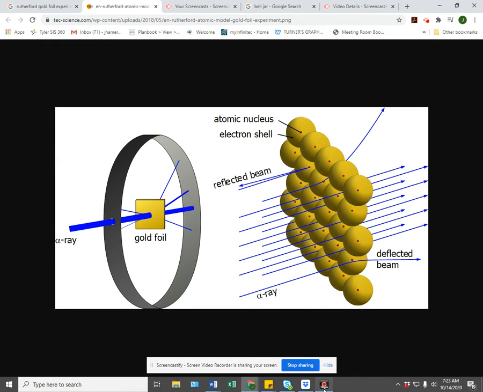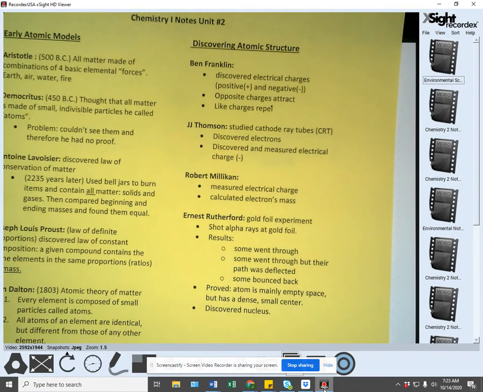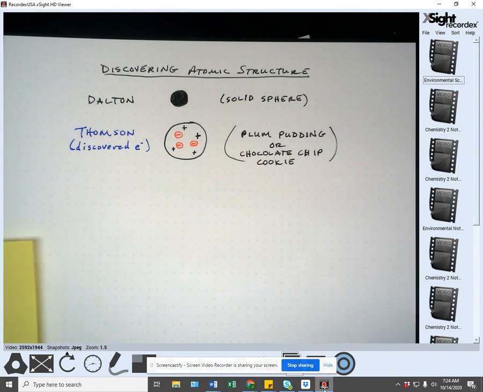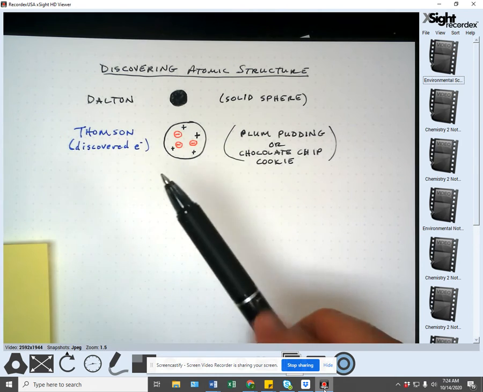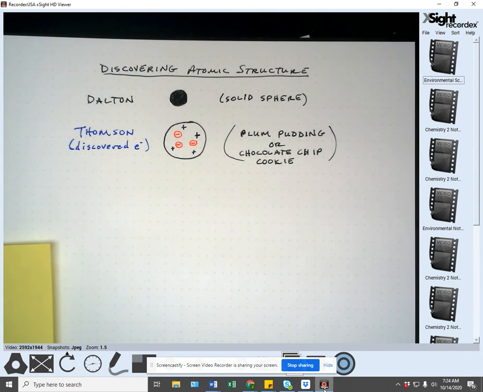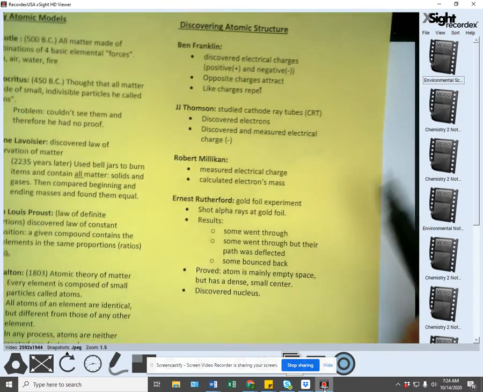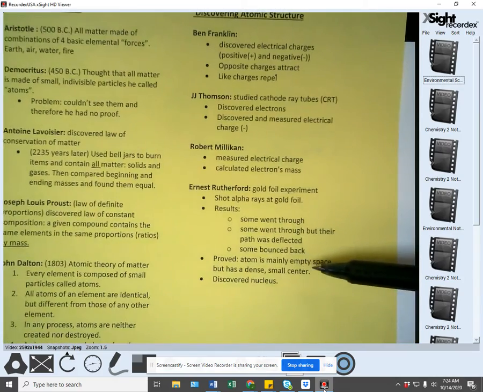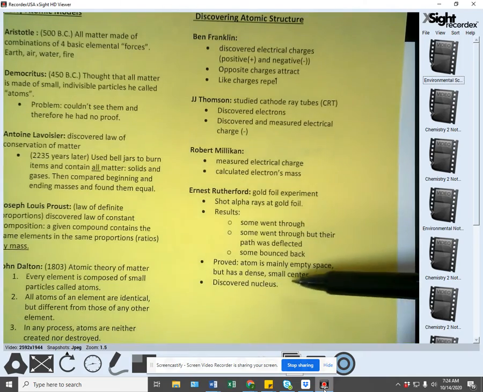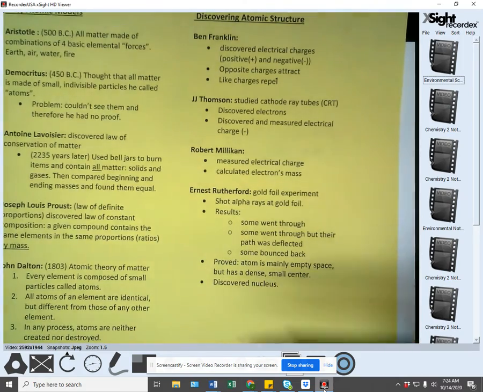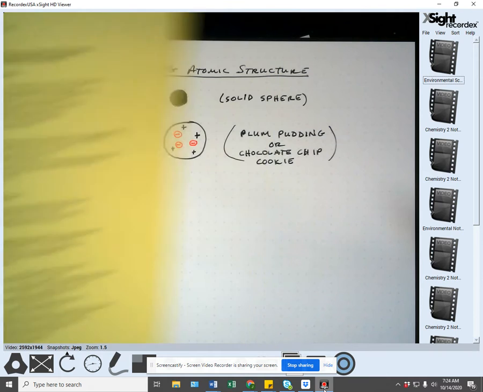If the atom were like they thought with Thomson, the beam would have just punched right through, because the mass would have been spread throughout this whole area, so it would have been really, really thin. But with Rutherford, it proved that the atom is mainly empty space, but it has a dense, small center. So Rutherford actually discovered the nucleus.